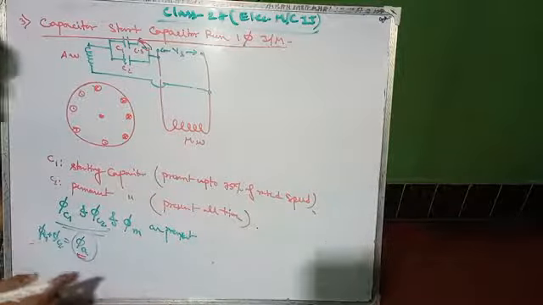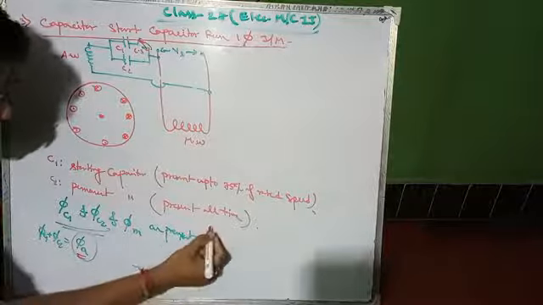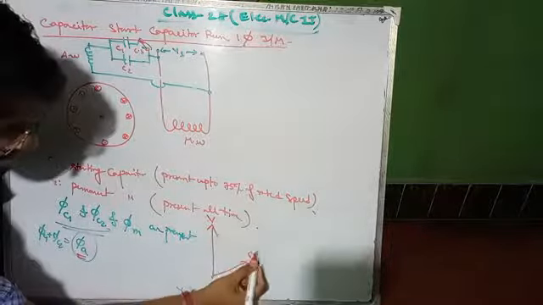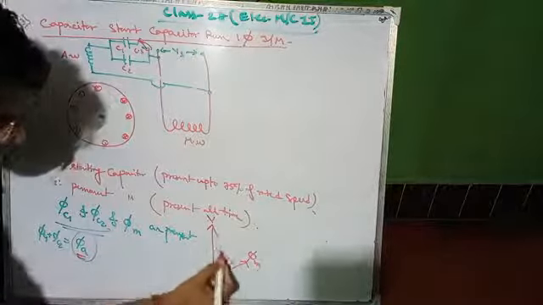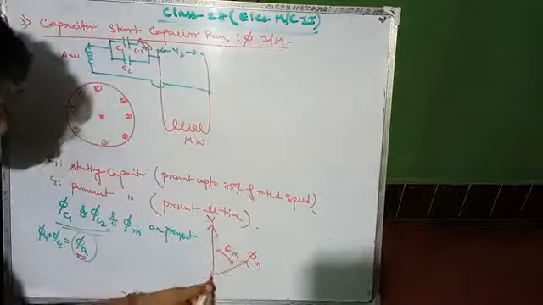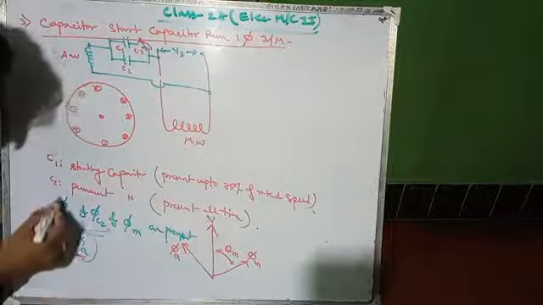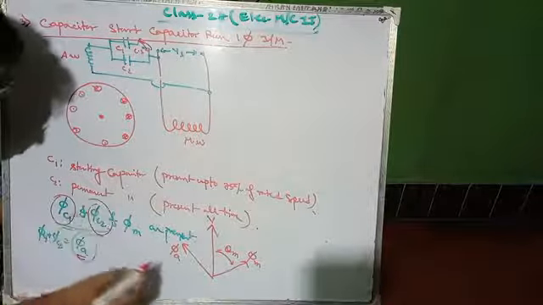The phasor diagram will be, suppose this is phi m, the angle will be theta m. This is your phi A, which is nothing but the addition of phi C1 and phi C2.